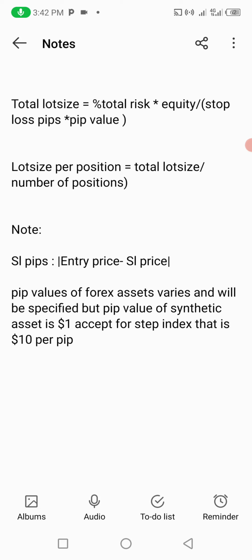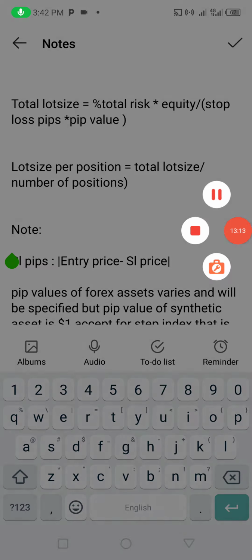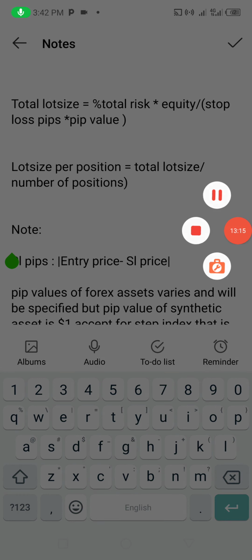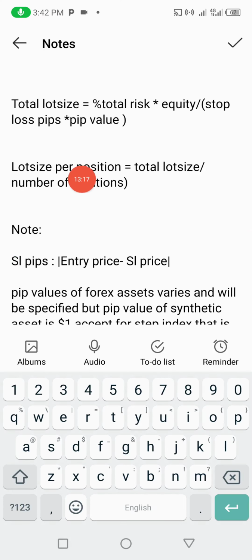So what I want you to consider here is the position of the stop loss P. Assuming every other thing is constant, the more you lower the stop loss P, the bigger the loss size, and the more you increase the stop loss P, the lower the loss size.